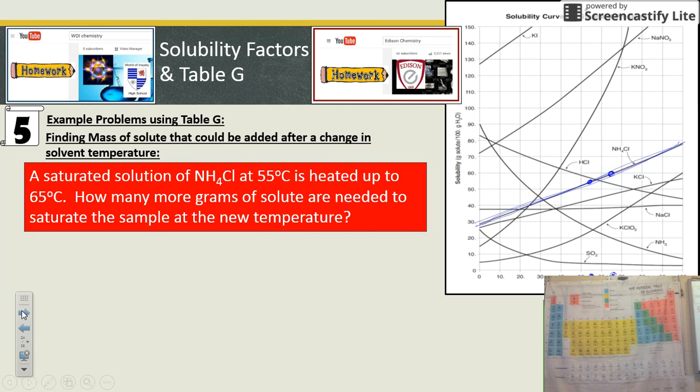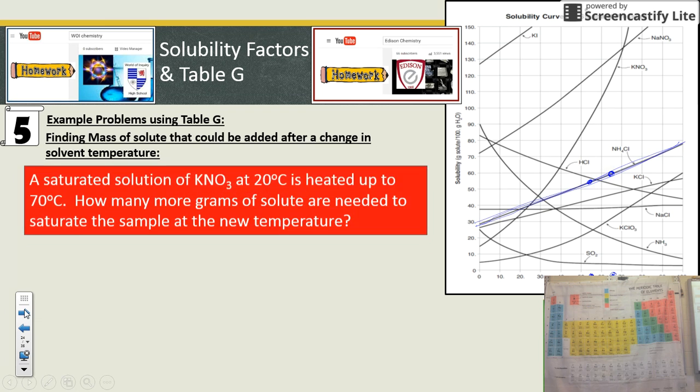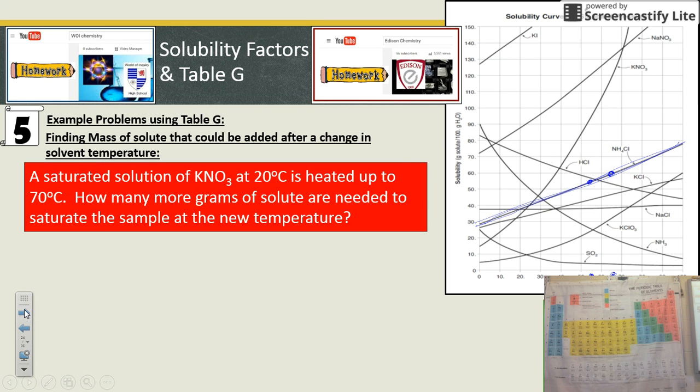Let's see what else kind of problems we got here. Saturated solution, different chemical, potassium nitrate in this case, is at 20 degrees. So 20 degrees, potassium nitrate, the super steep curve. Okay, at 20 degrees, we're saturated, so we're right on the line at about 35 grams of material. And we are going to heat it up to 70 degrees.